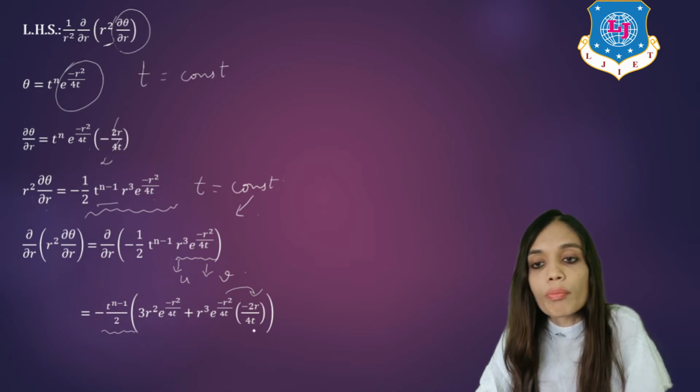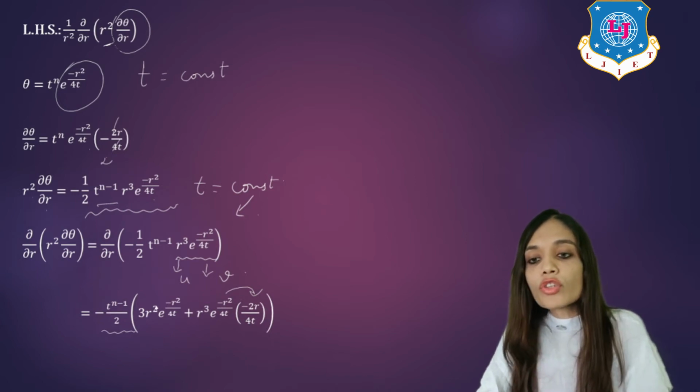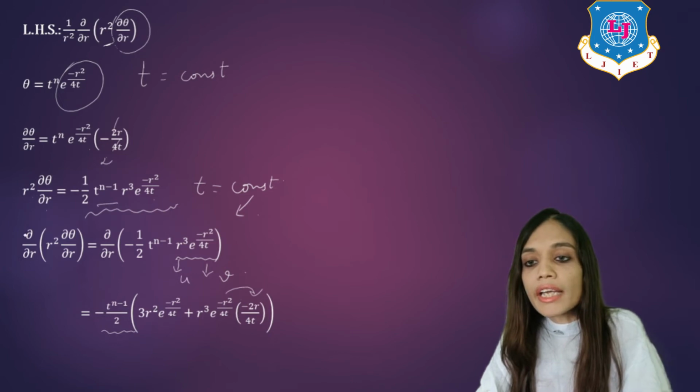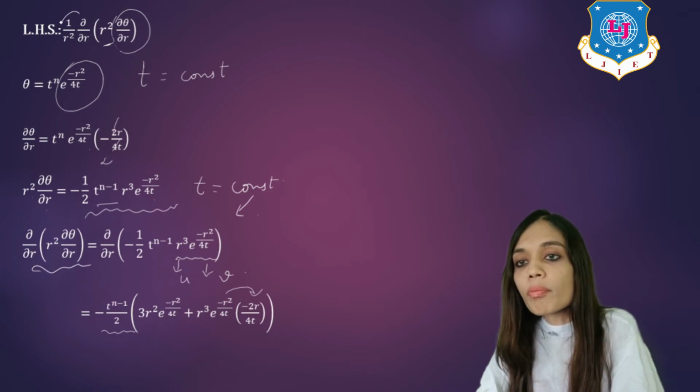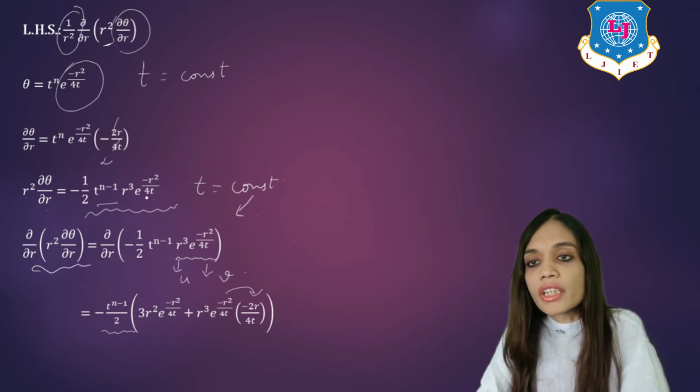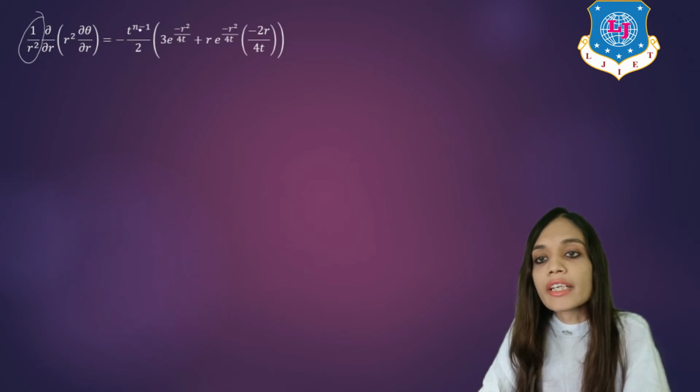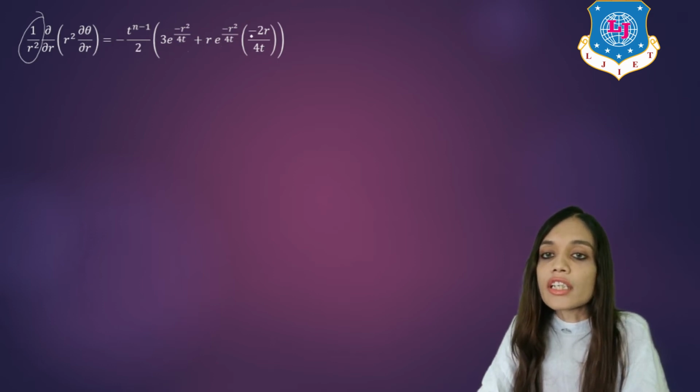minus 2r upon 4t. Now what you have to do is, you have to multiply this term with 1 upon r square. So on multiplying, you will get minus t raised to n minus 1 upon 2, 3 times e raised to minus r square upon 4t plus r into e raised to minus r square upon 4t into minus 2r upon 4t.